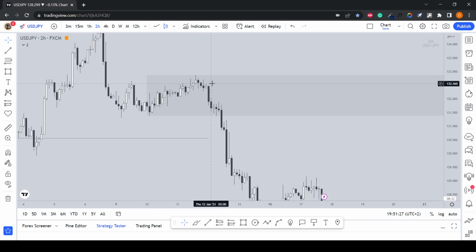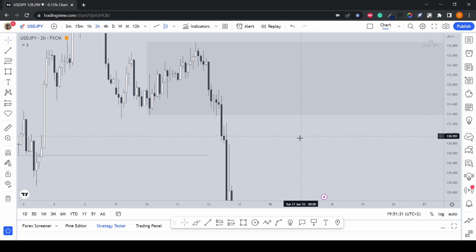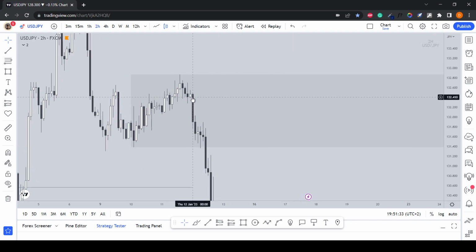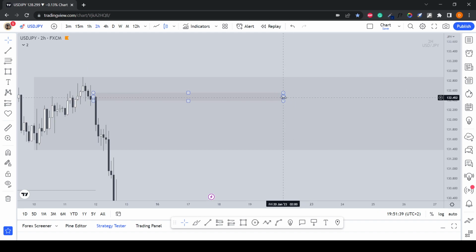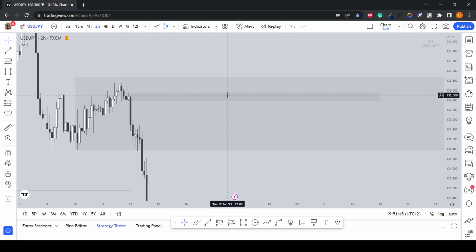So we can't do a refinement out of this, but just technically we can see this up candle before the down move. So this could be your refinement. It's very small, but it's possible to use it.